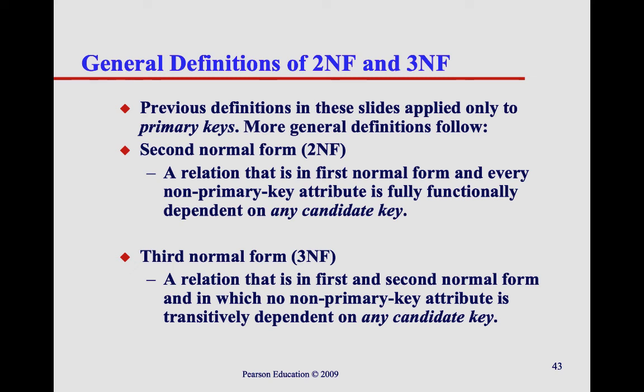And the same thing for third normal form is that you can't have anything that is transitively dependent on any candidate key, not just the primary key.